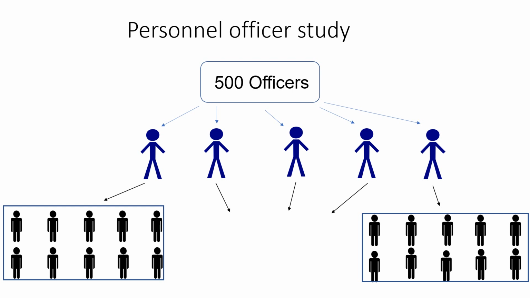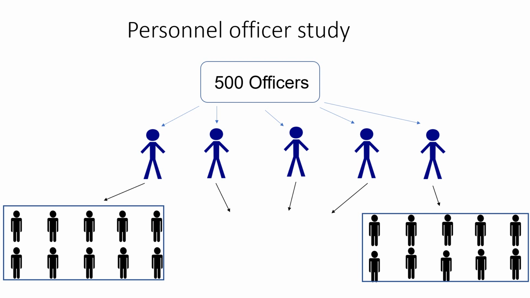The officer factor is considered random because the 5 officers represent a large population of officers, and if we were to repeat the study, most likely a different set of 5 officers would be selected.